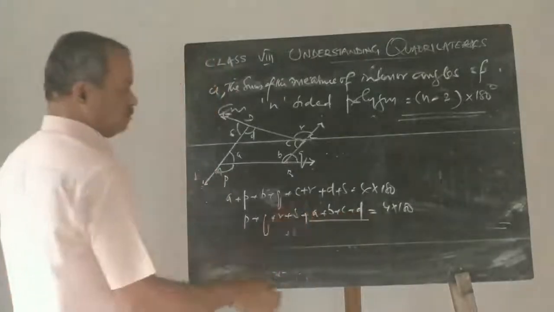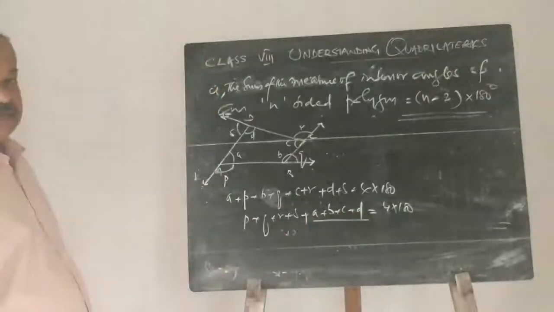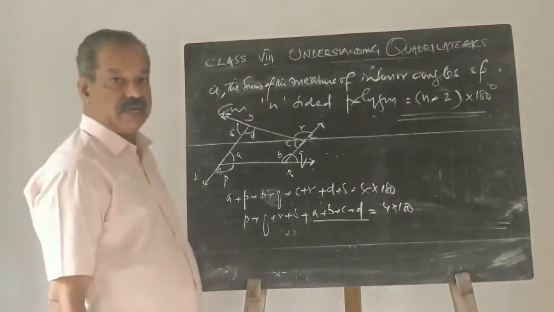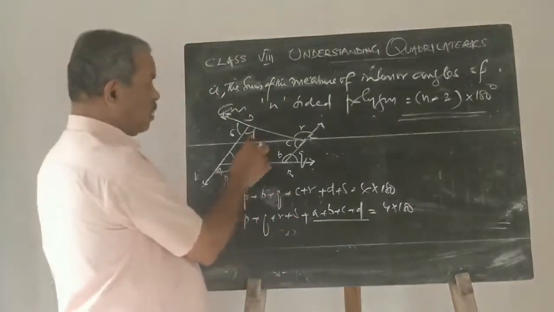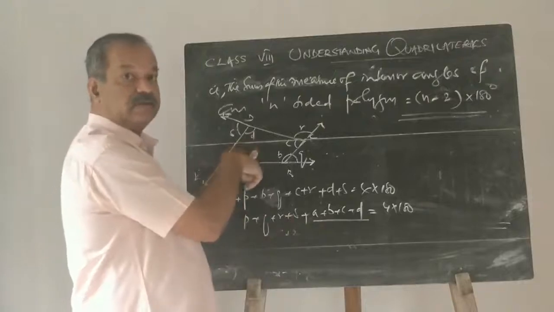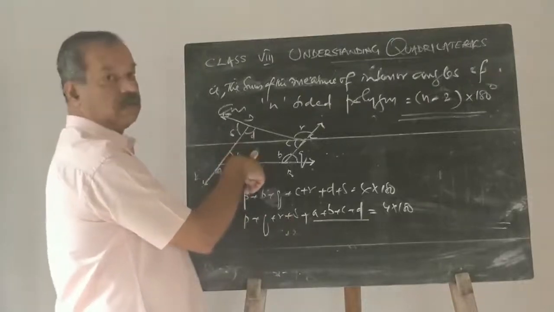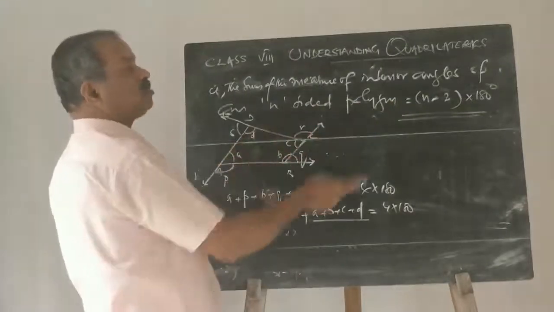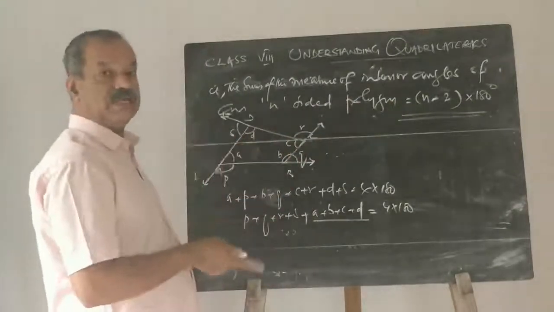The sum of A, B, C and D, for a quadrilateral, a 4-sided polygon, is n minus 2 into 180, that is 4 minus 2 into 180, which is 2 into 180, 360.